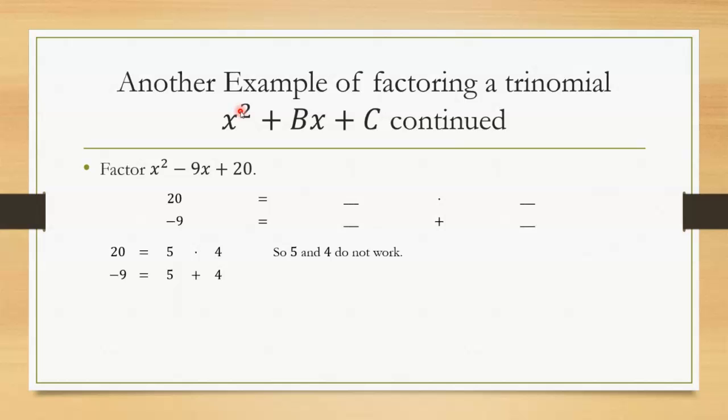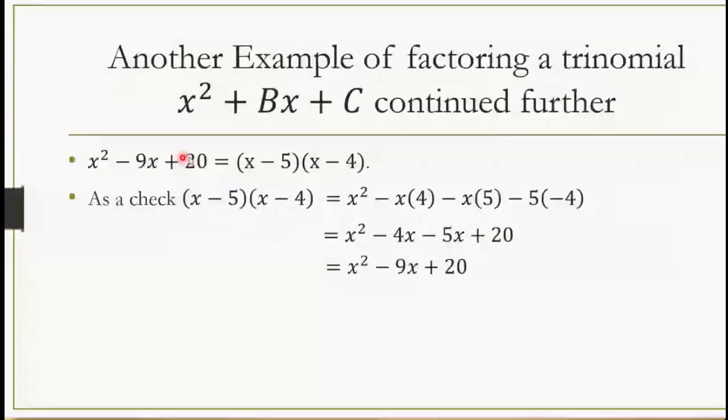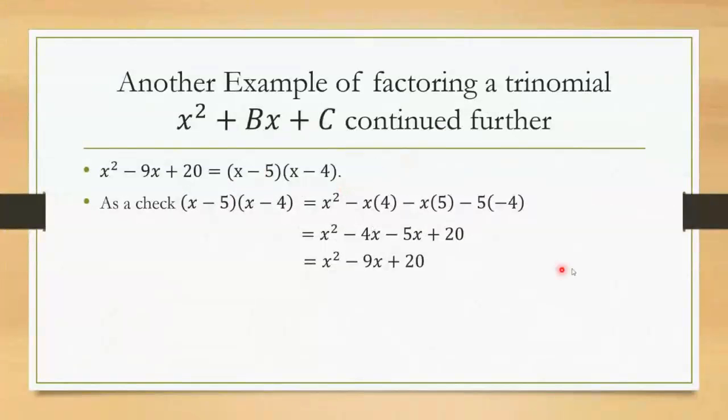But you can probably guess what numbers are going to work: -5 and -4. By our sign rules, the product is 20, but the sum is -9. So we can use these numbers and we factor it. And again, it's good to check, and that's what I'm doing here. Okay, so that's really good.